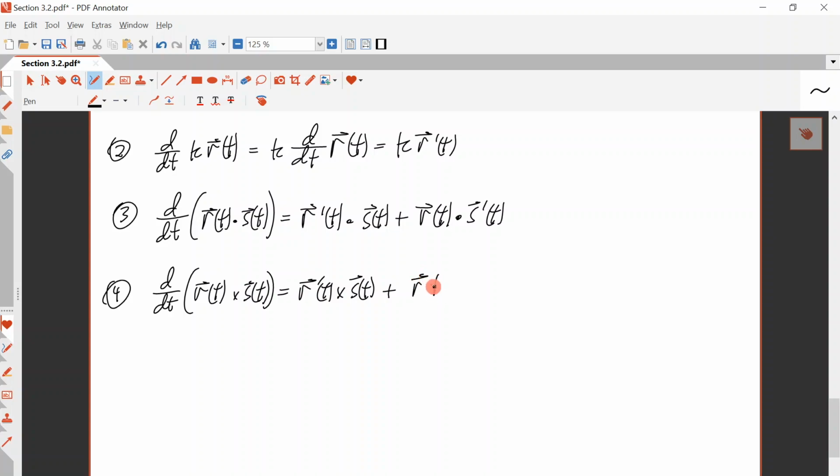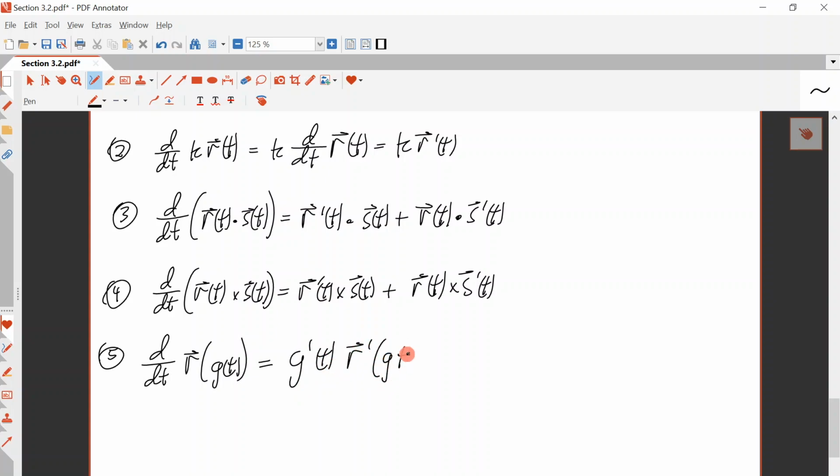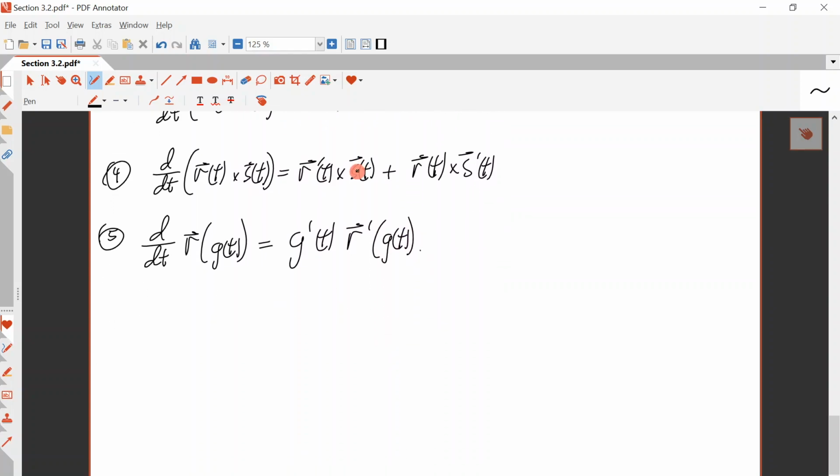Plus r of t cross s prime of t. And 5, there's a chain rule, the derivative with respect to t of r of g of t is g prime of t, a scalar multiple, times r prime of g of t. Let's prove number 3.